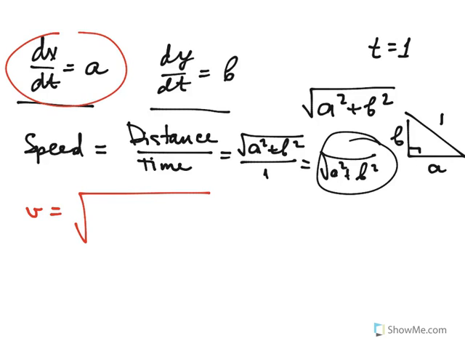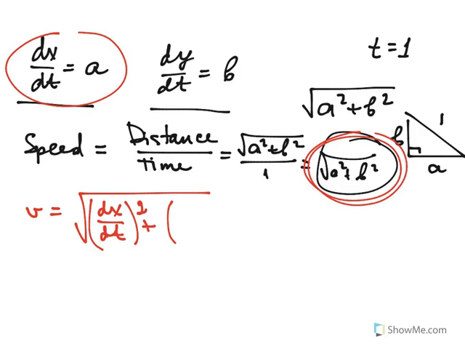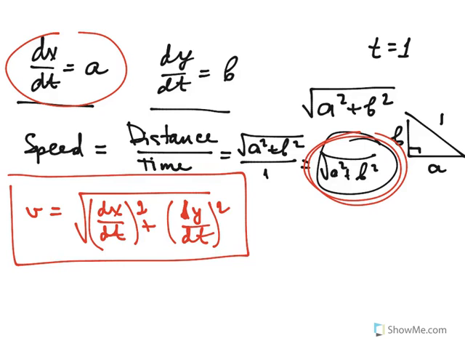We decided that it's dx/dt, but squared, based on this, plus what stands for b, dy/dt squared. So this formula helps you to find the instantaneous speed of a moving object when the two parametric equations are given.